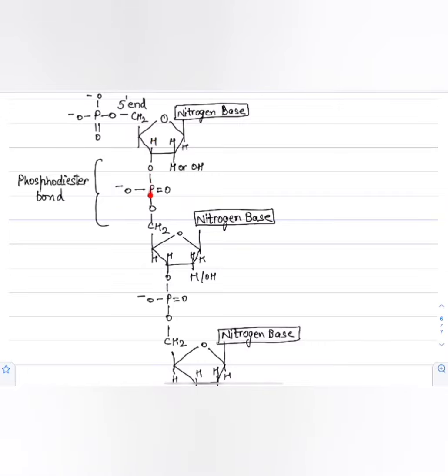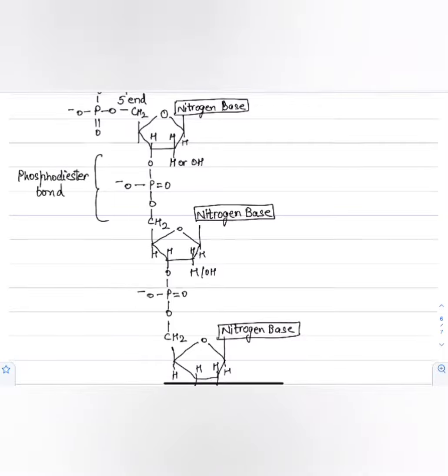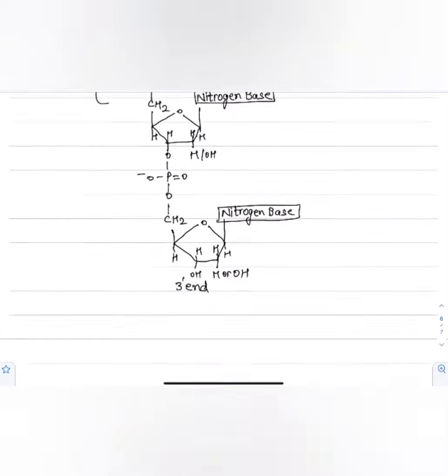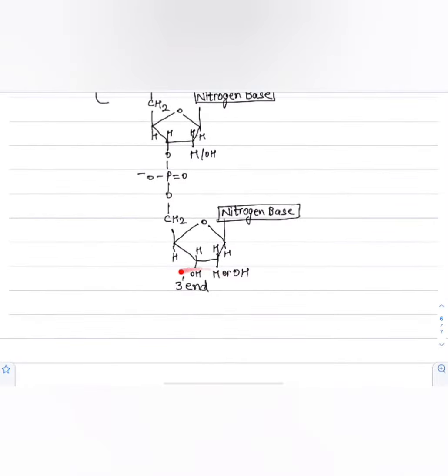This is a sugar attached to a phosphate group, and the bond is called the phosphodiester bond. Again, a sugar, this is a CH2OH sugar, attached to a phosphate group, again a phosphodiester bond. So these are the phosphodiester bonds by which a polynucleotide structure is stabilized.